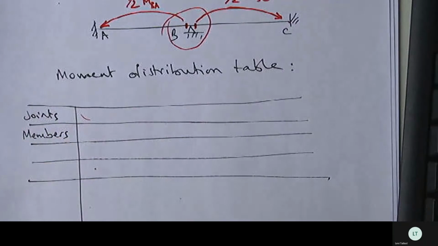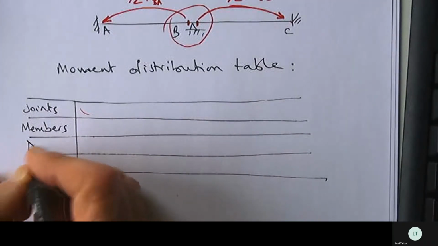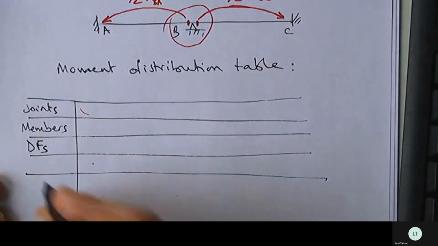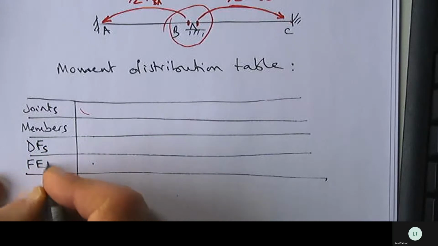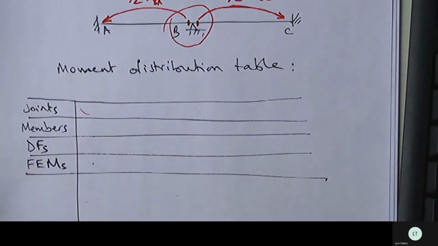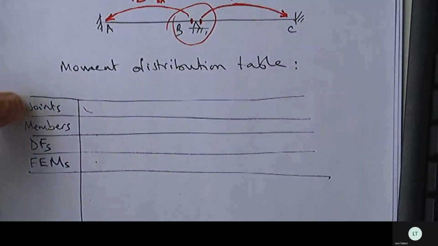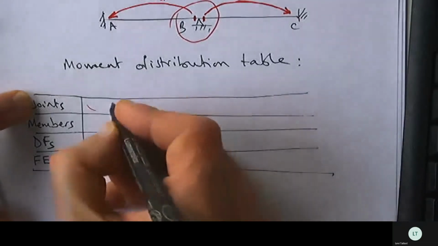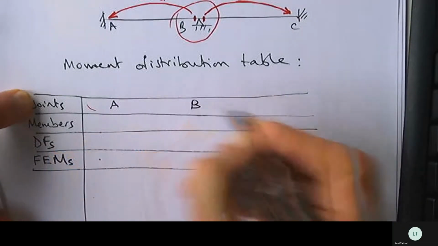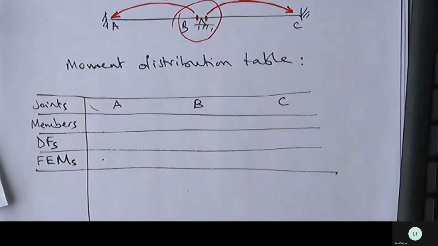On the third row, we put the distribution factors. And the final row, we put the fixed end moments that we have calculated previously. How many joints do we have? 3 joints. We have joint A, joint B, and joint C.